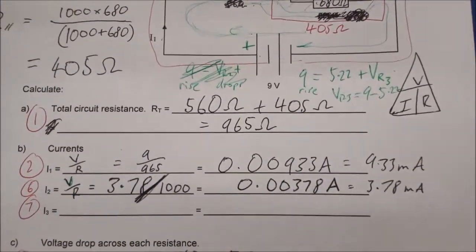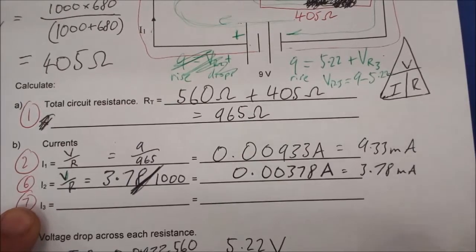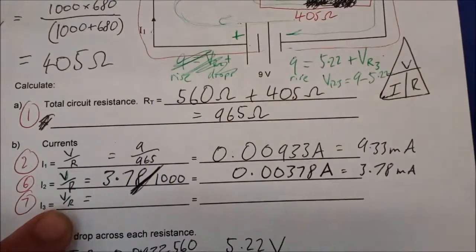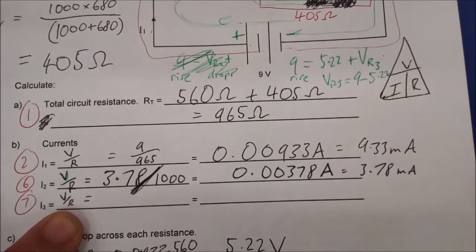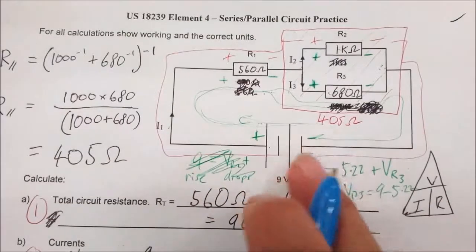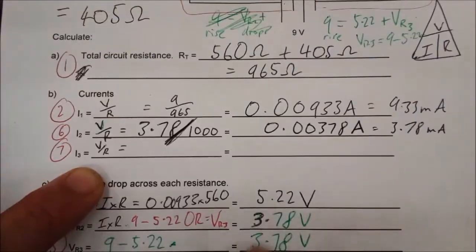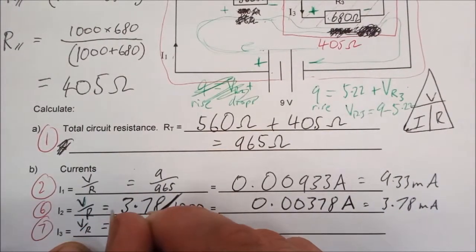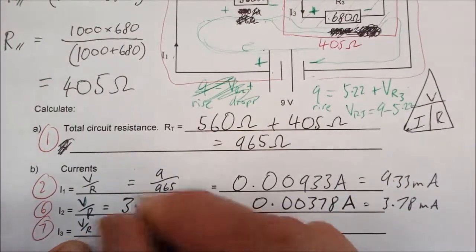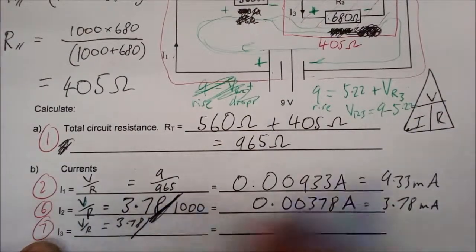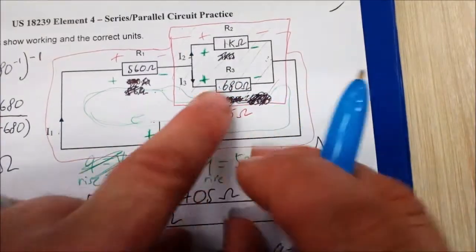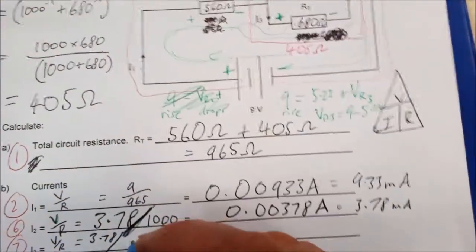Now I3, again nice and easy, equals V over R. In this case we have the same voltage, haven't we? It's down here, 3.78, divided by, and this time the resistance is different because I3 is the current going through R3, so 680 ohms.